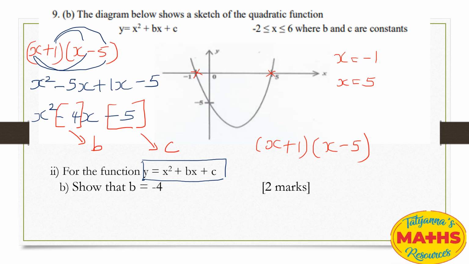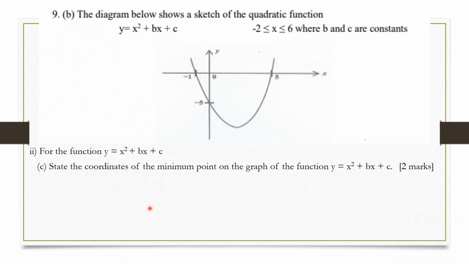Here we have part 2. State the coordinates of the minimum point on the graph of the function y equals x squared plus bx plus c. So we have established that y is equals to x squared minus 4x minus 5. And we were able to identify that a is equals to 1, b is negative 4, and c is negative 5.